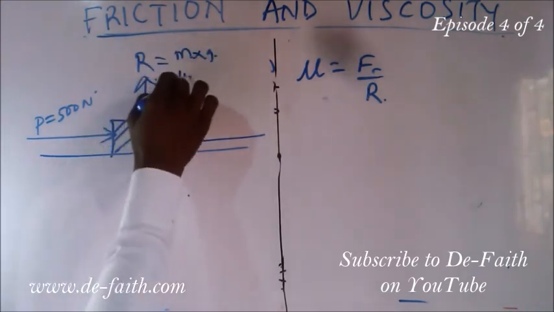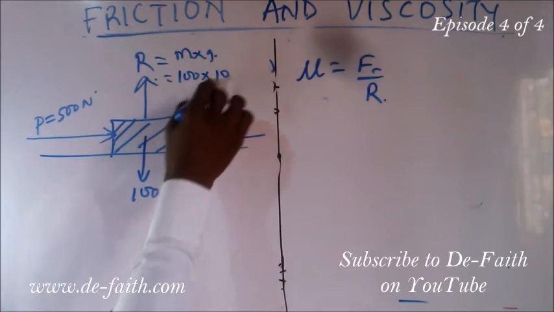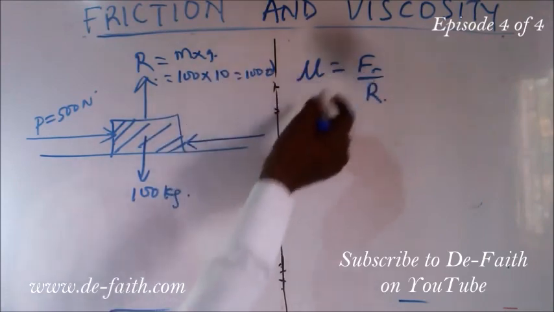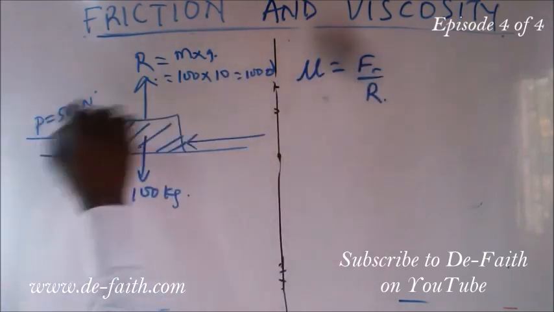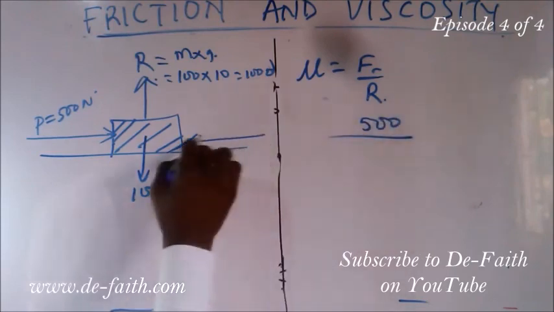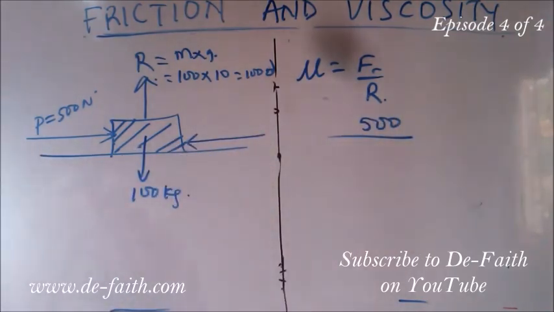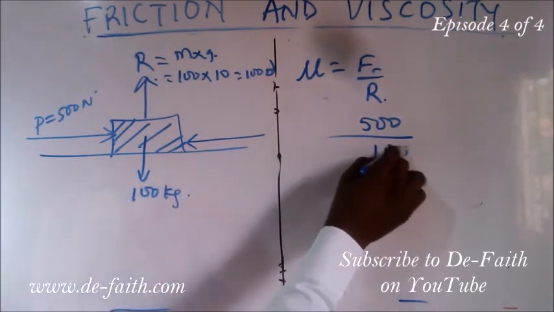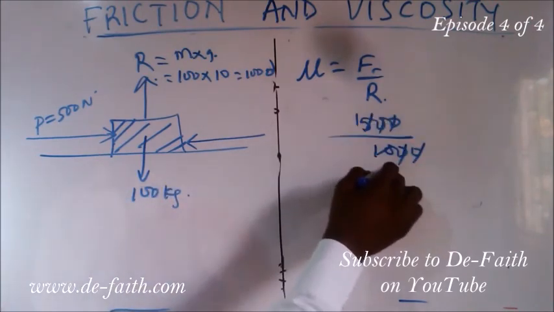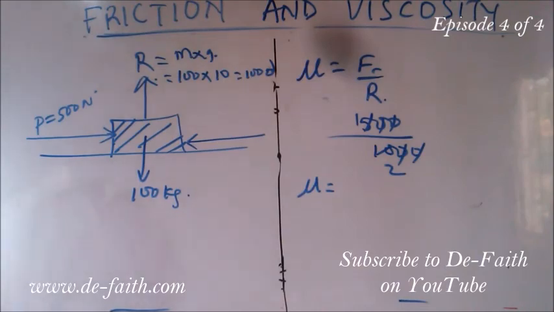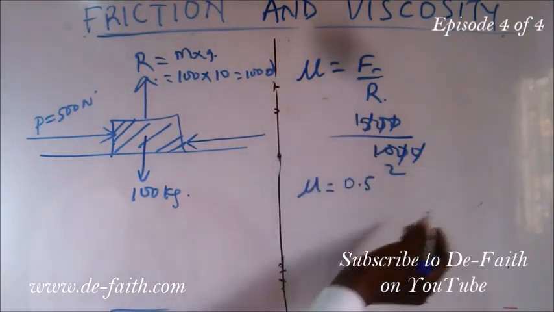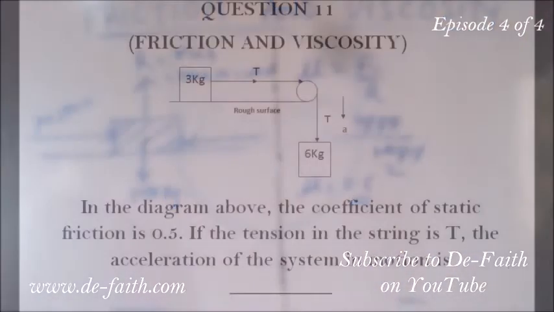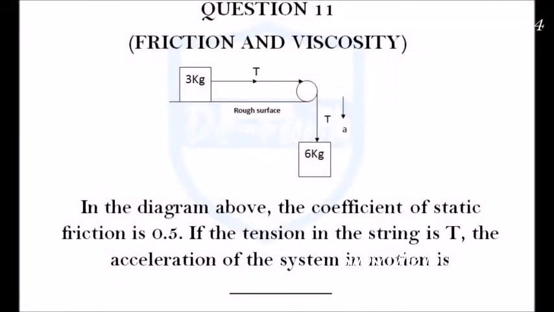The mass here is 100 and the gravity is 10, so we have 1000. And so we end up having the frictional force to be 500, because it is opposite to the P, the actual force, over our R, which is 1000. So we end up having 1 over 2. The coefficient of static friction is 0.5, that is 1 divided by 2. That is the answer.